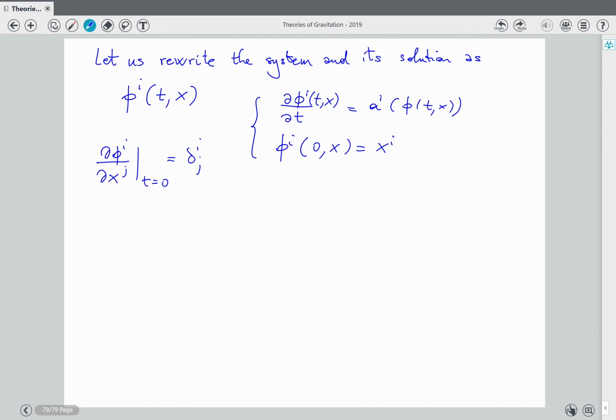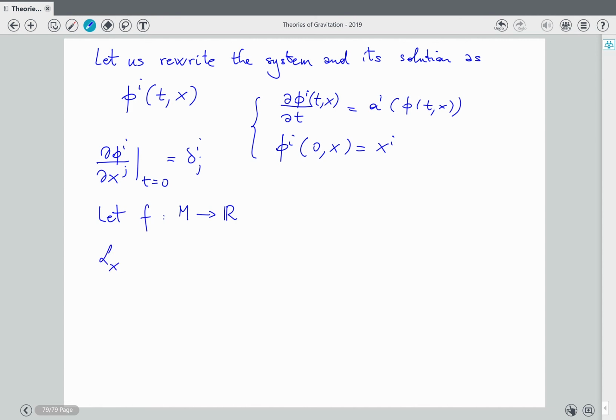Now the Lie derivative is basically the derivative of the vector flow at time 0, the initial derivative. For example, let f be a function on the manifold.